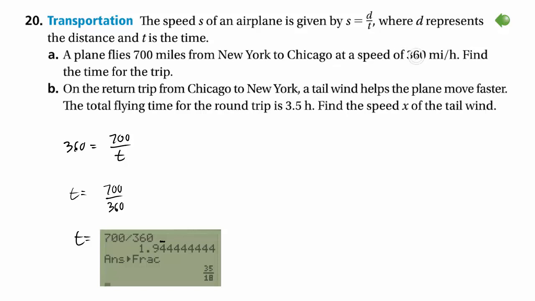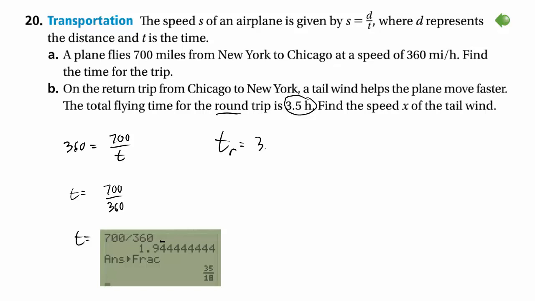So the speed's not going to be 360 miles per hour anymore. But the thing is, we don't know the speed of that tailwind. What we do know is that the round trip, and be very careful, it says round trip is 3.5 hours. Well, to figure out how long, I'm going to call this the time of the return trip.